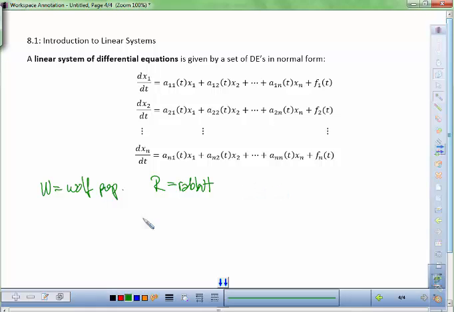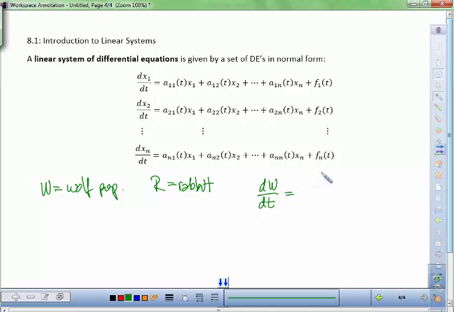We can describe a system by finding out how the wolf and rabbit populations change. I'm just going to make this up: the wolf population changes over time depending on how much wolf population and how much rabbit population is currently there.